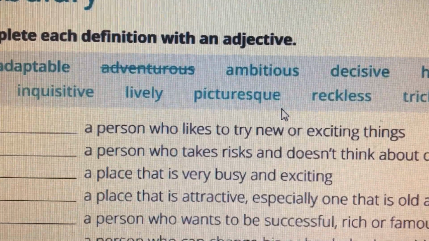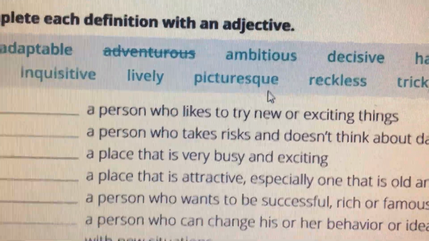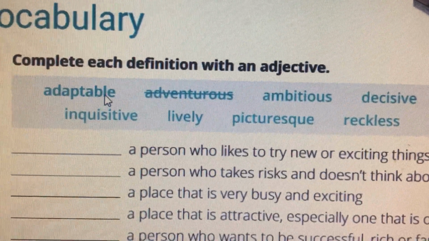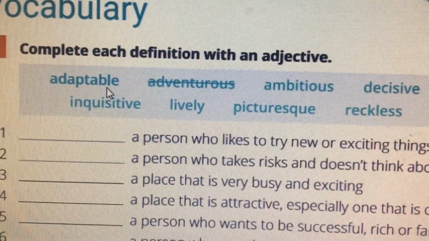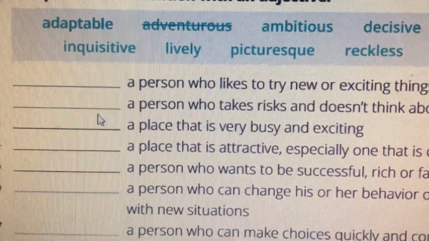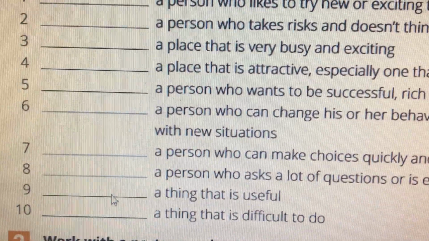Picturesque, it's a great word. Okay, so you can use your dictionary and find the definition of the word and write it down.